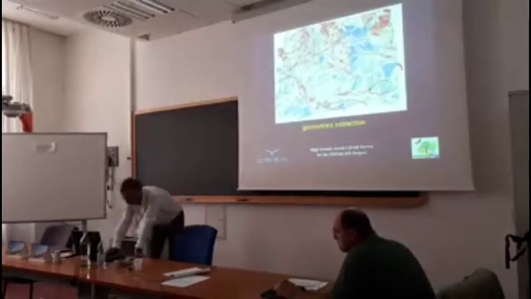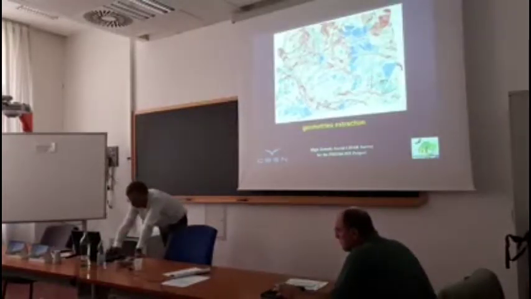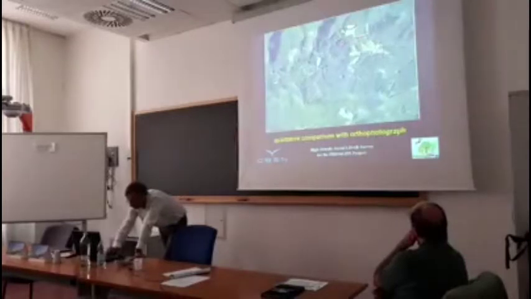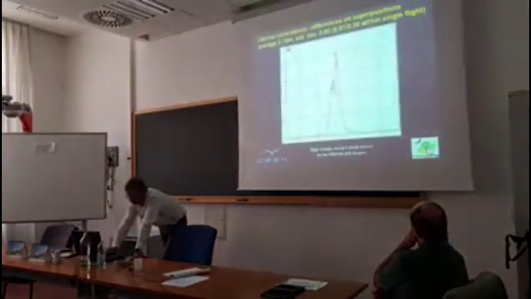And we also extracted some geometries, such as this road or the perimeter of some open fields, and we superimposed that on the orthophotograph, and they superimposed quite well. Of course, this is just a qualitative evaluation.